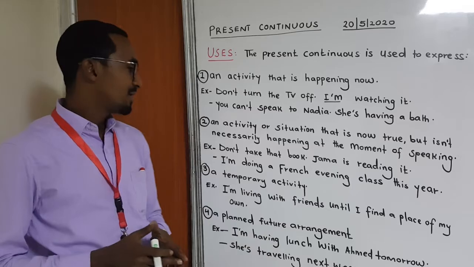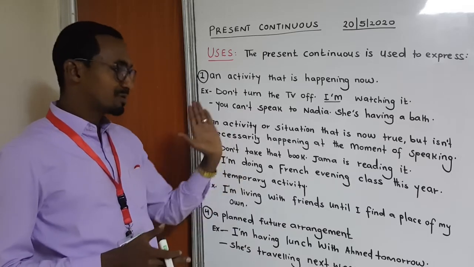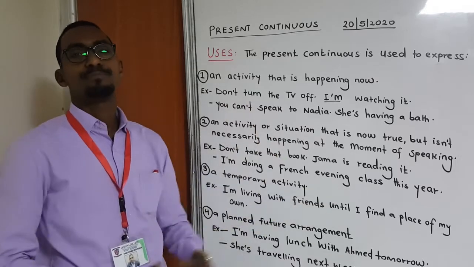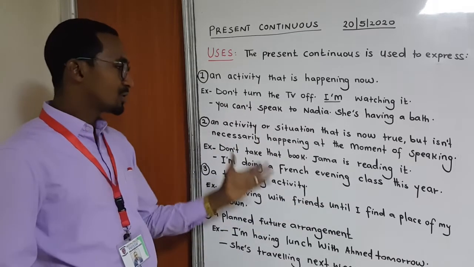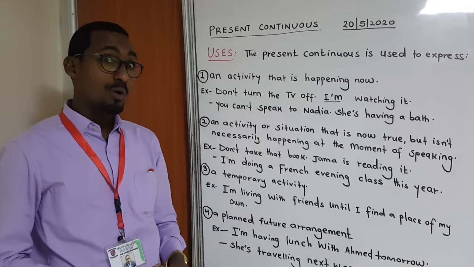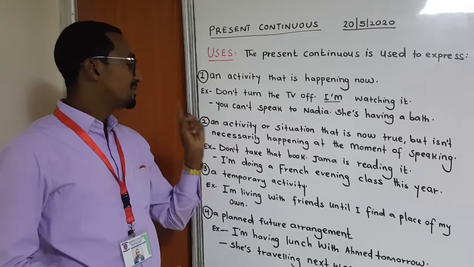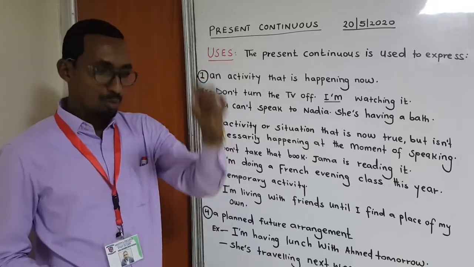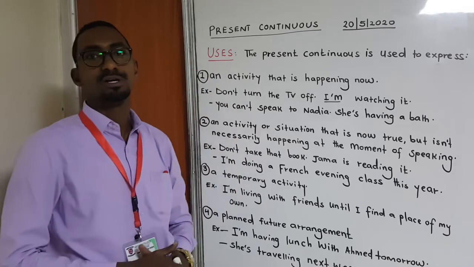Course weli ku socdaa. So marka waxaa leedahay waxaa isticmaalaysaa present continuous. Waxaa leedahay I'm doing a French evening class this year. So the action is happening around now, haduu dhacaya, but is not necessarily happening at the moment of speaking. Shardi ma inuu waqtigaas hadliis dhacayo actionka.